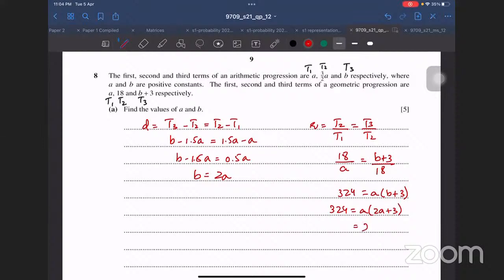So I get 2a squared. I replaced b with 2a, and I'm trying to solve simultaneously now. So I get 2a squared plus 3a.